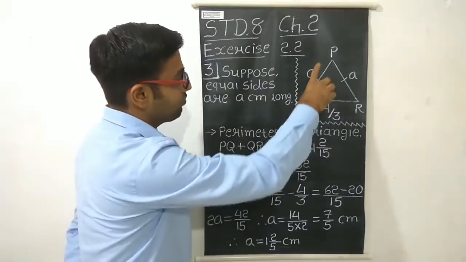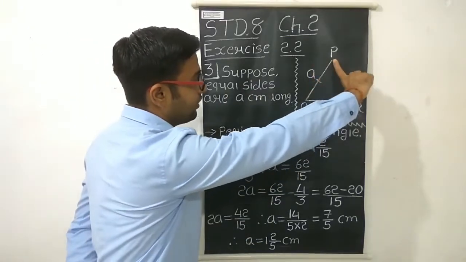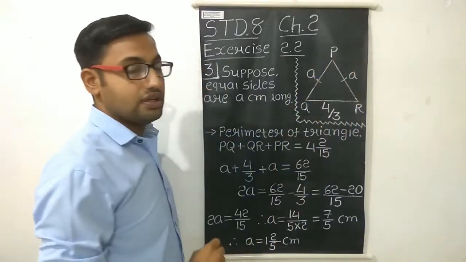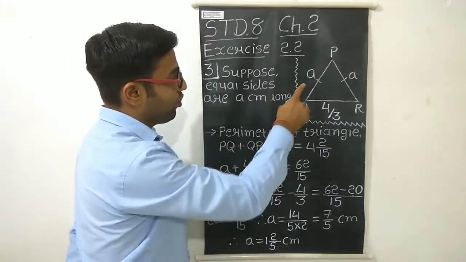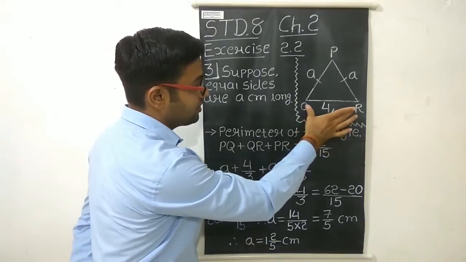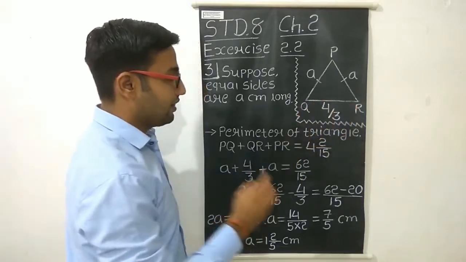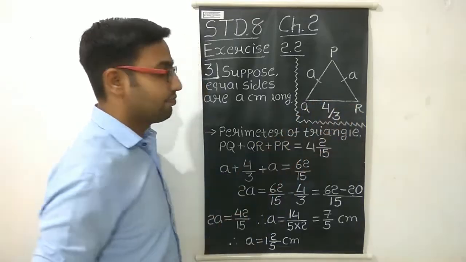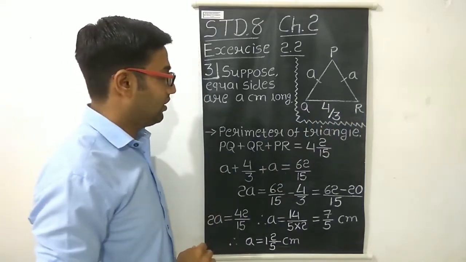That means the length of this PQ side and PR side are equal and it is a centimeter. And the base of this triangle is QR and that is 4 by 3 centimeter given in the question.